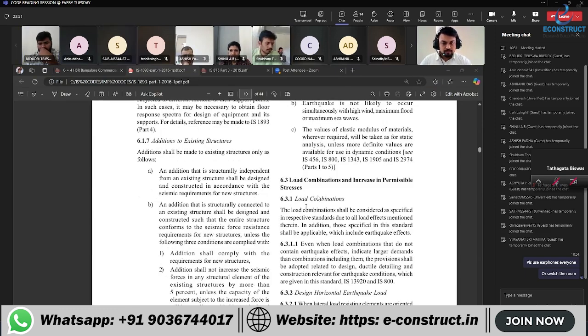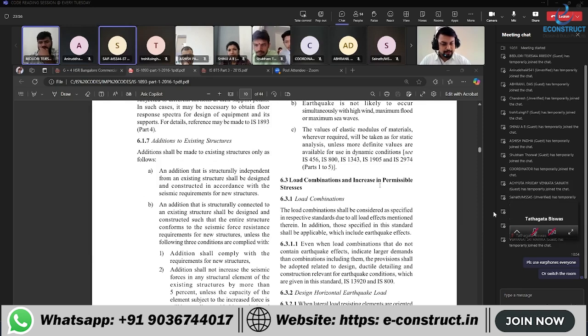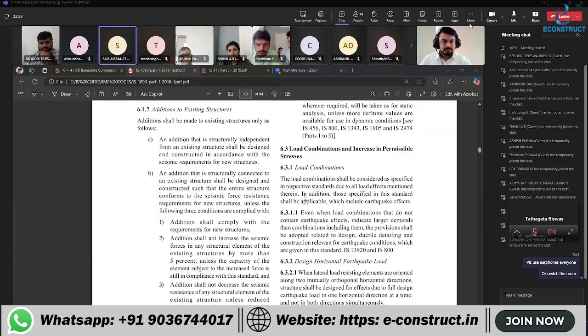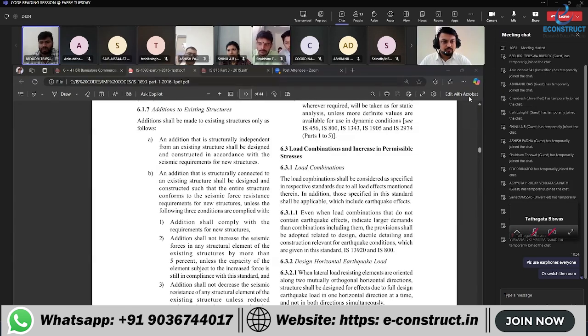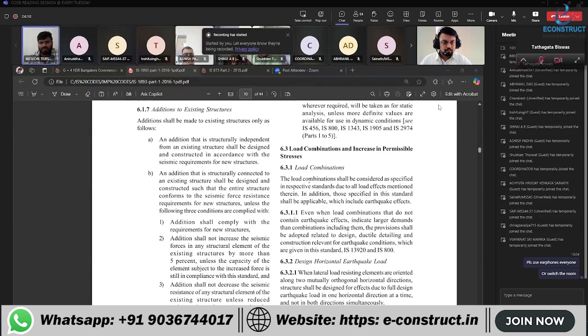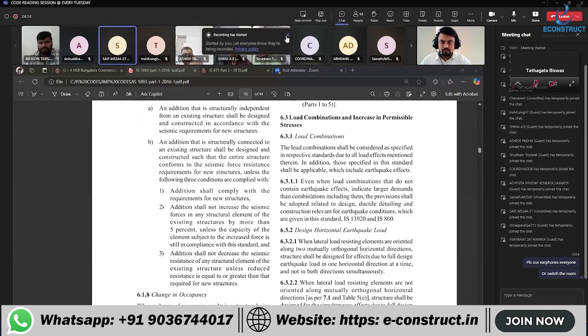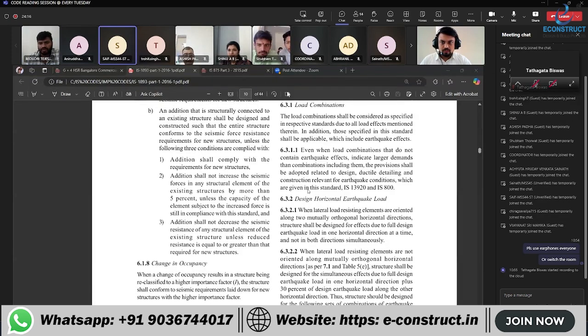Load combinations and increase in permissible stresses. The load combination shall be considered as specified in respective standards due to all loads effects mentioned therein. In addition, those specified in the standard shall be applicable, which include earthquake effects.